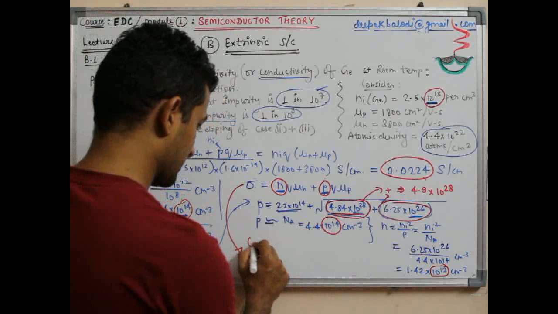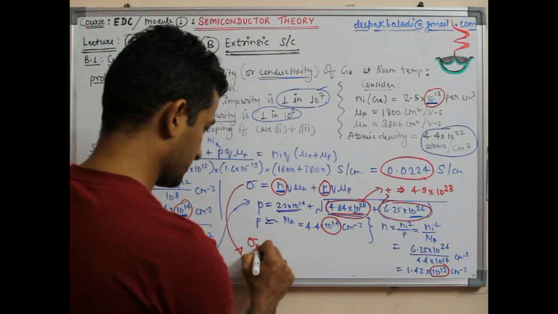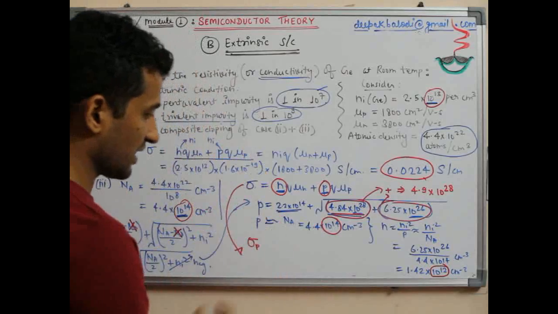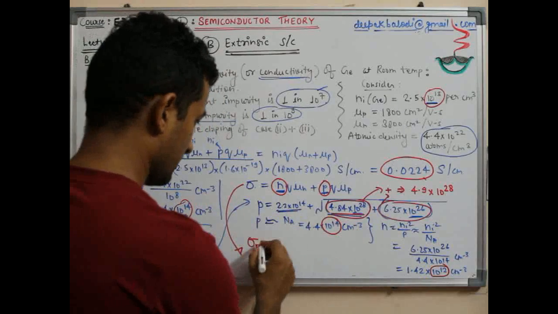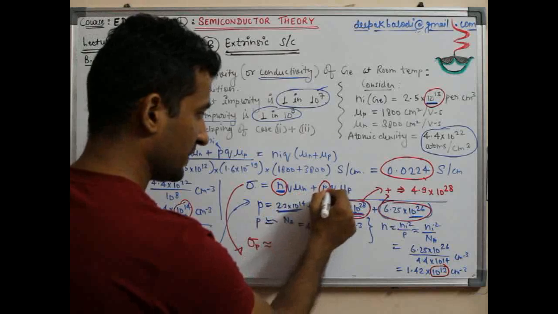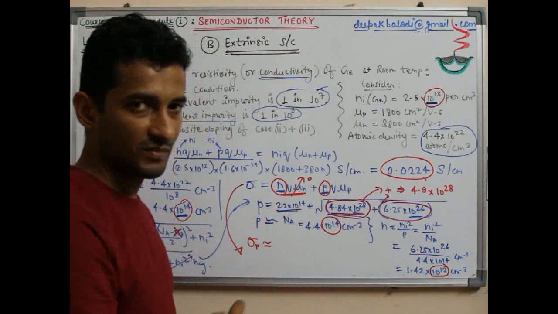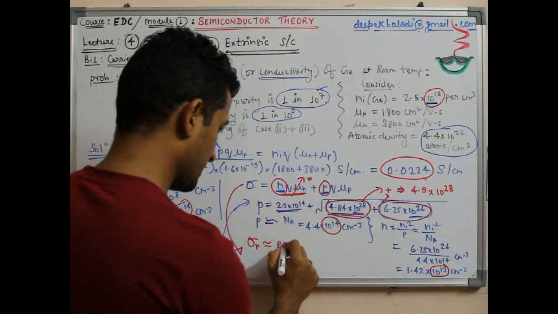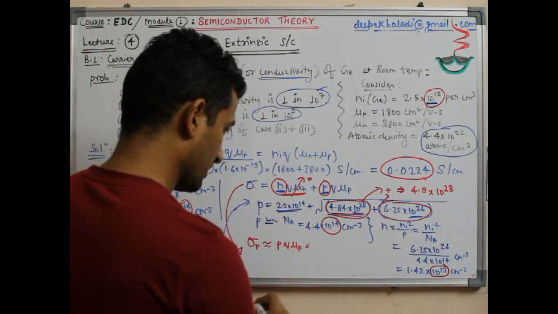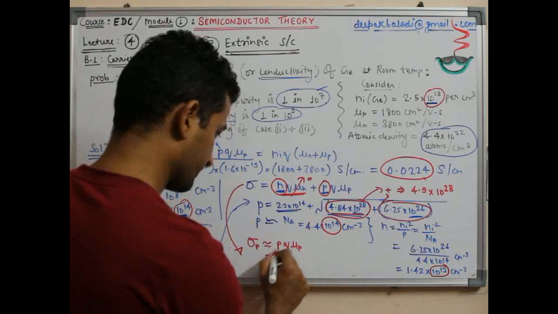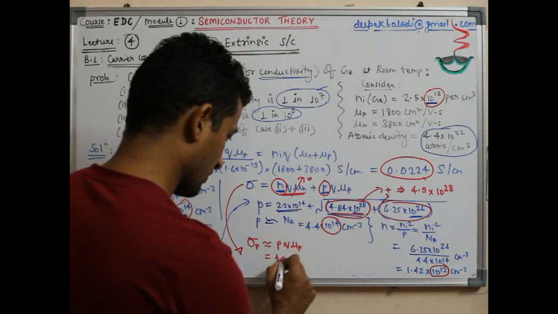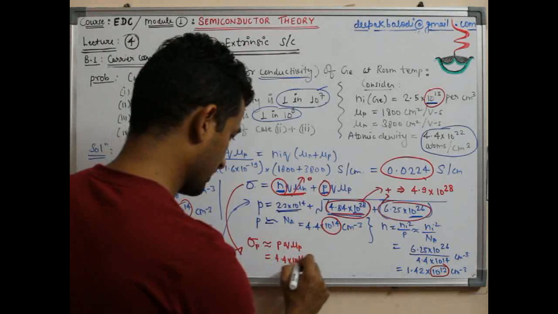So again the conductivity of this P type, because finally this will become P type because this is the majority carrier, is approximately PQ mu P. This time this term will be neglected as compared to this. So this will be only PQ mu P. Now PQ mu P is this 4.4 into 10 to the power 14.